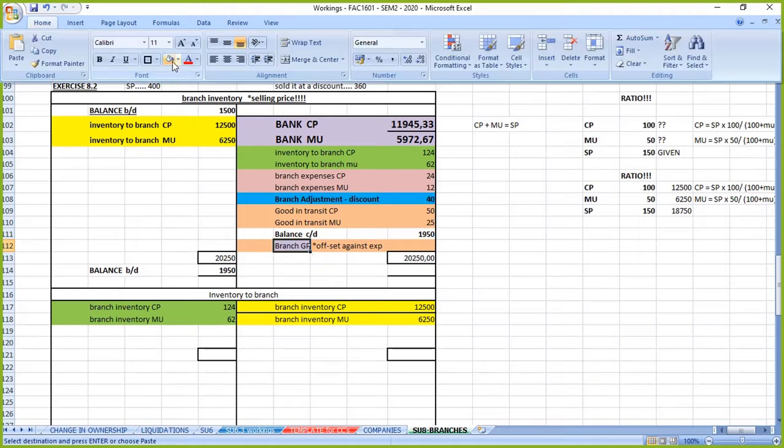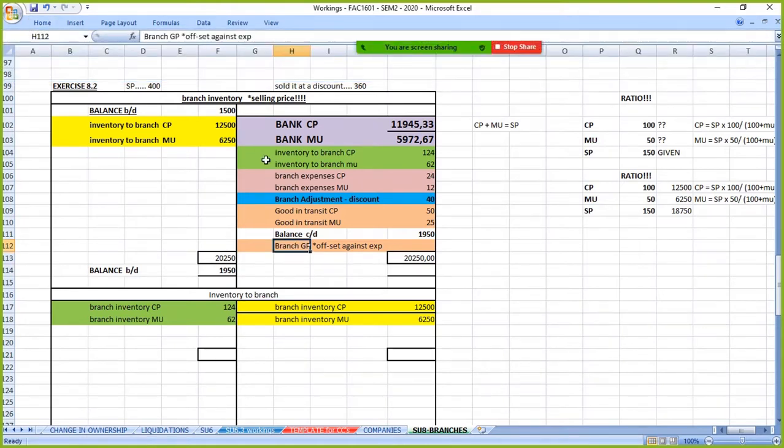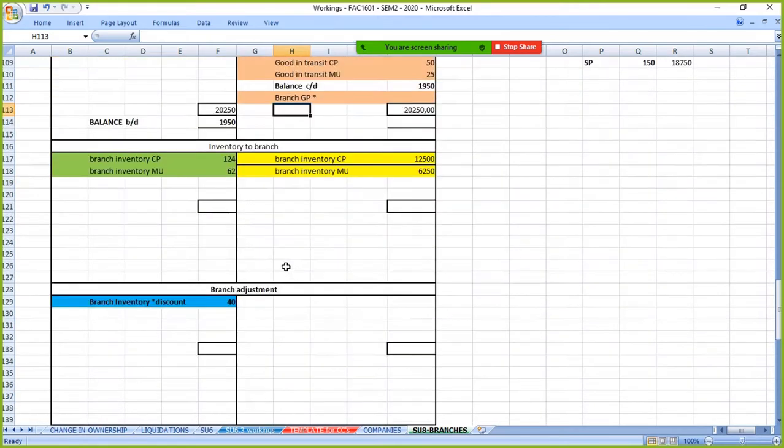Right, so this is the gross profit figure that you'd have to offset against your branch expenses or the branch adjustment account, either or, because you've got both here.